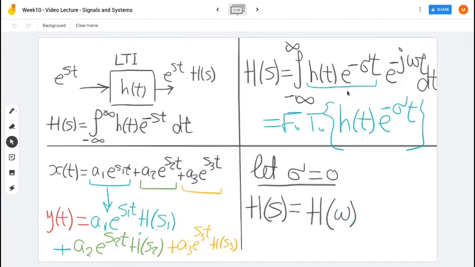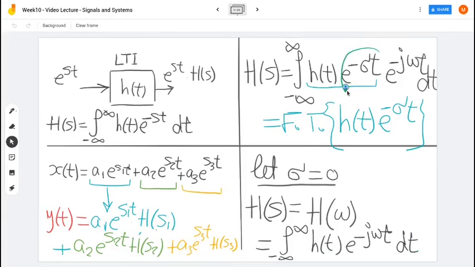And this will be equal to the integration from minus infinity to positive infinity h of t e to the minus j omega t dt. And now we do not have this term e to the minus sigma t because sigma is equal to 0, so e to the power 0 is 1. And this is simply the definition of the Fourier transform.